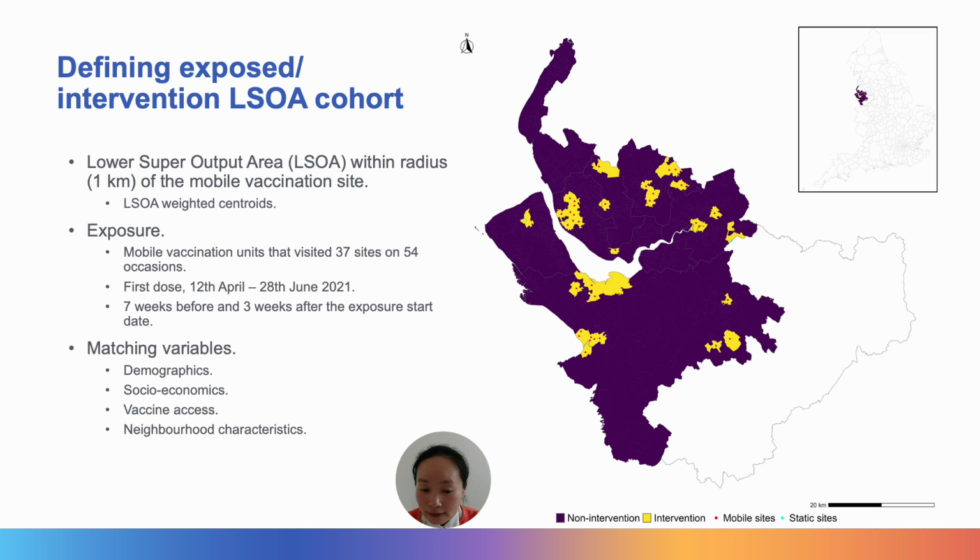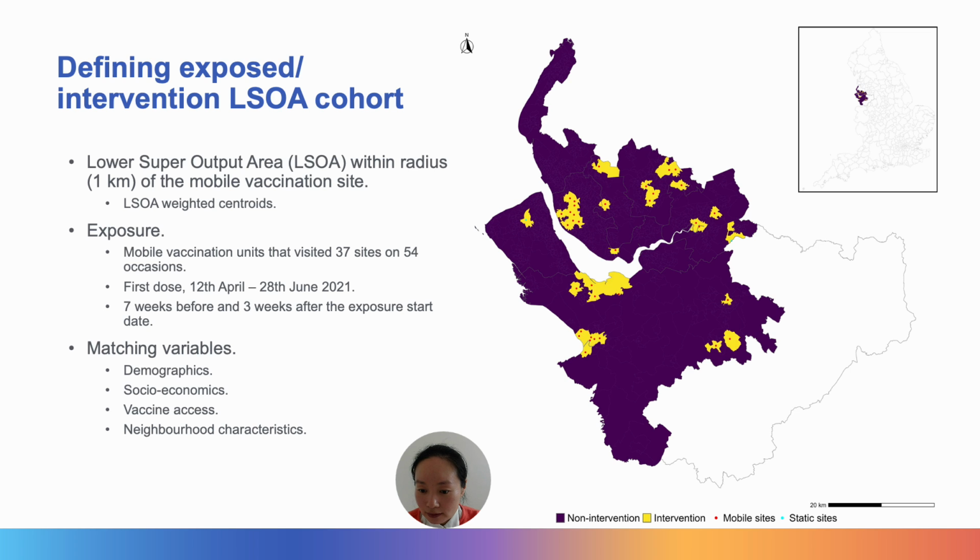And then we categorized any lower super output area with population weighted centroids within 1 kilometer of the deployed mobile vaccination units as catchment areas of the deployed units.